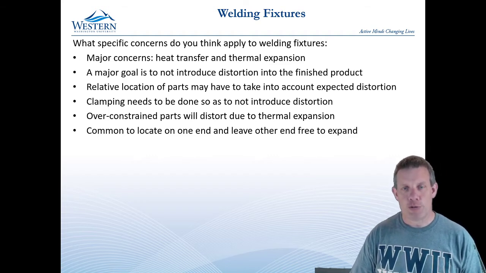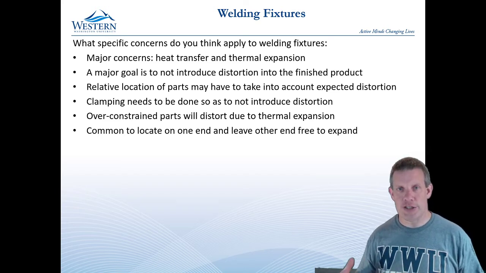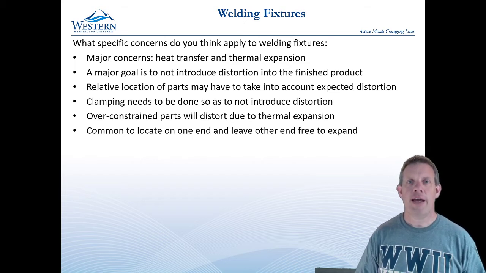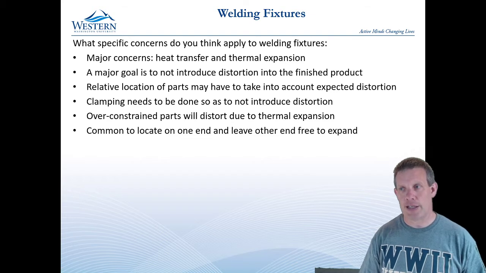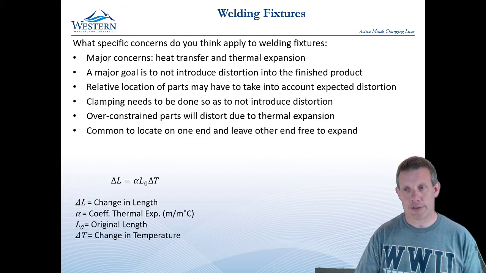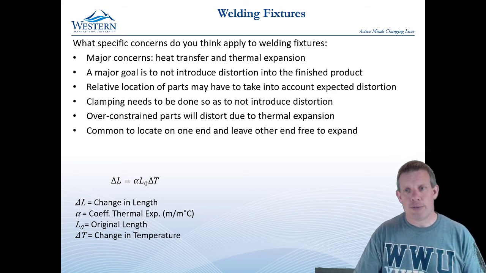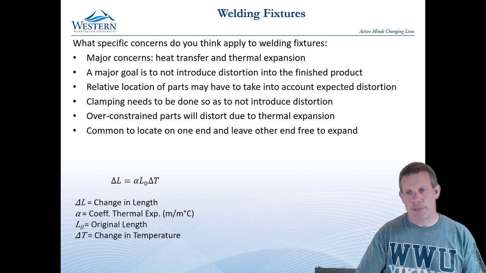Over-constraint gets to be much worse because we're already dealing with this thermal expansion, and so if we have already over-constrained the part and then throw in a big force like expansion, that will really cause a lot of troubles for us. So just to remind you, the way to determine thermal expansion is that the change in length, delta L, is equal to the coefficient of thermal expansion, alpha, times the original length times the change in temperature.